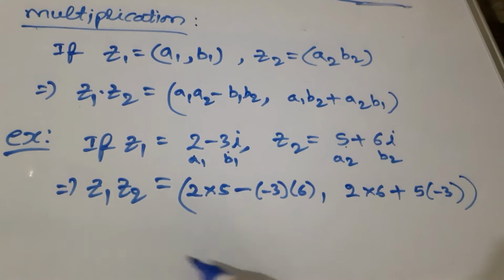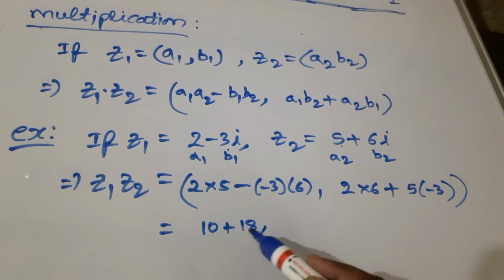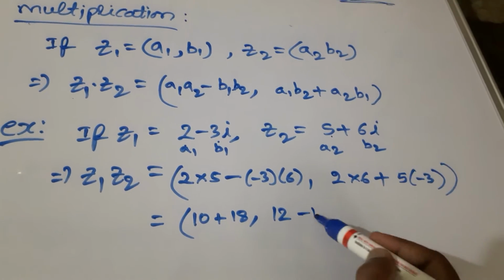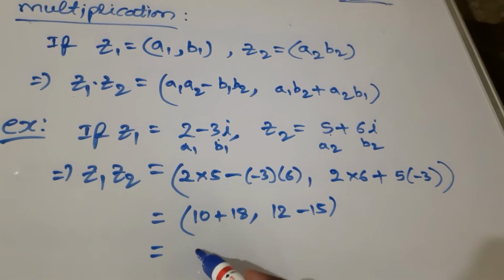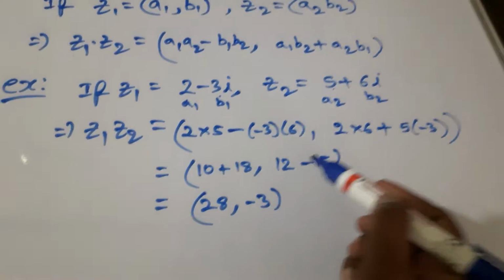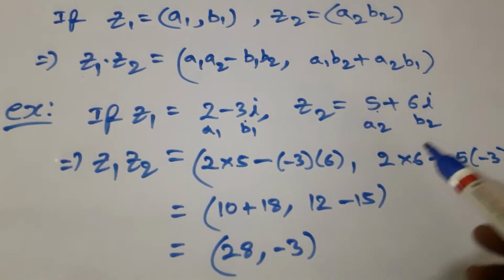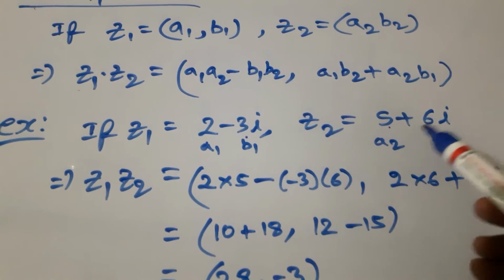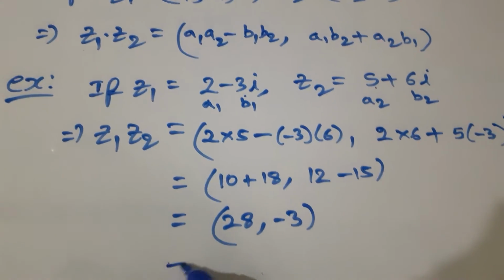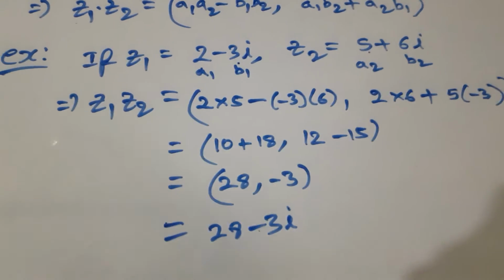So we are getting 10 plus 18, comma, this is 12 minus 15. So finally we are getting (28, minus 3). So the product of these two complex numbers, 2 minus 3i and 5 plus 6i, we are getting (28, minus 3). If you want to write in general form, 28 minus 3i.